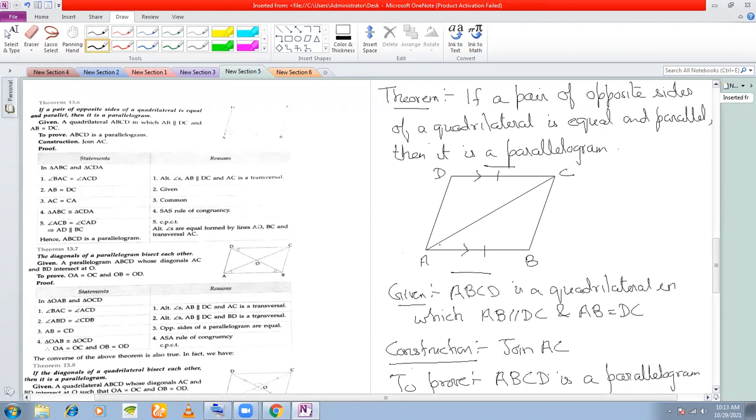Next, AC is the common side of the two triangles. And these two lines, AB and DC, are also parallel, so these two angles must be equal. So these two are congruent. But by what axiom? Anyone can tell me the axiom?